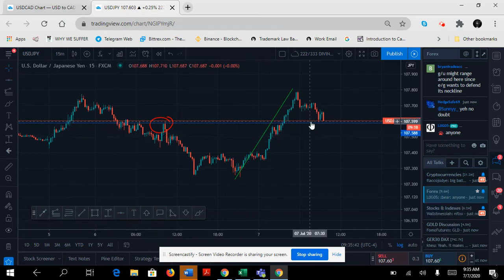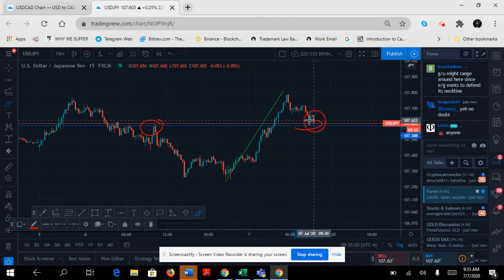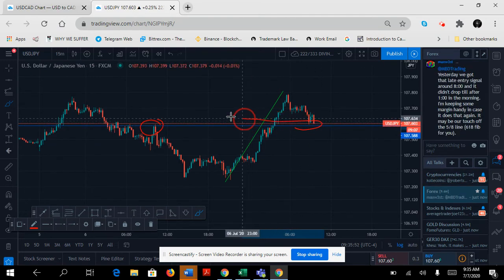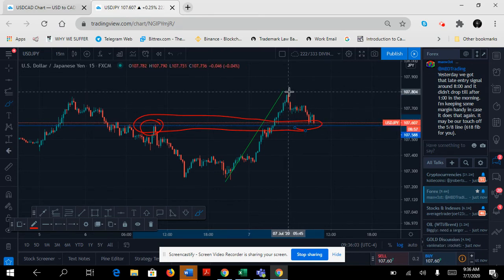Put the line there, look left. Look right. Where's price now? Price is back into a key level of structure. Look at this. Price is back in this area. You said it was not going to come back, but it did.